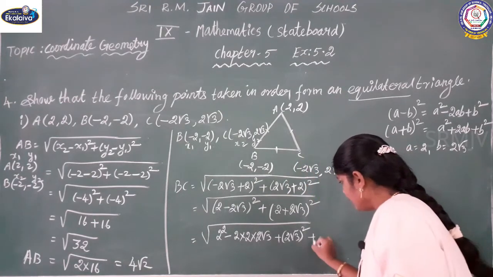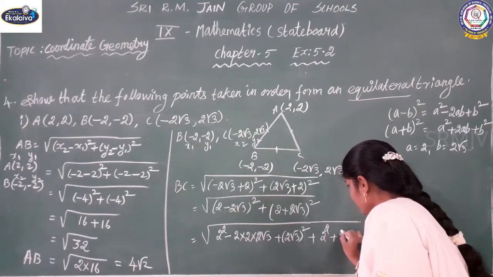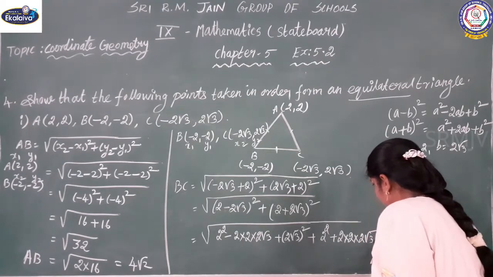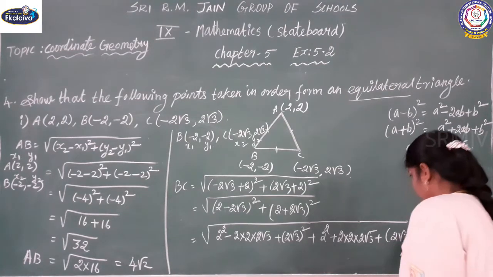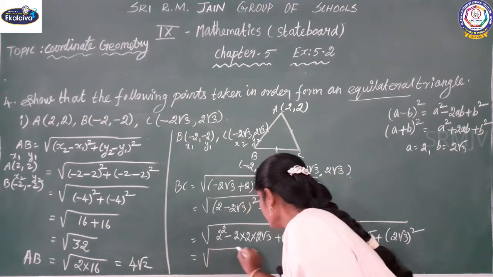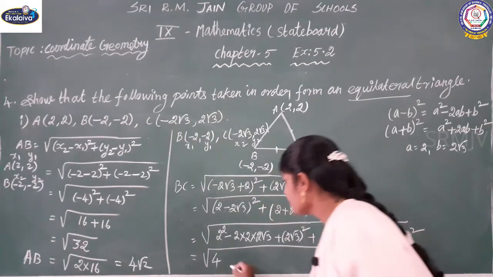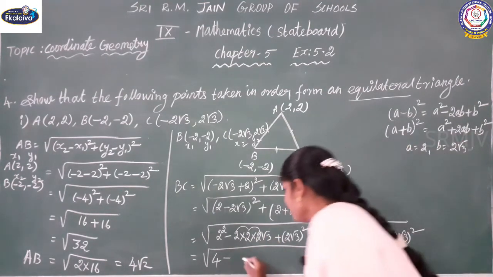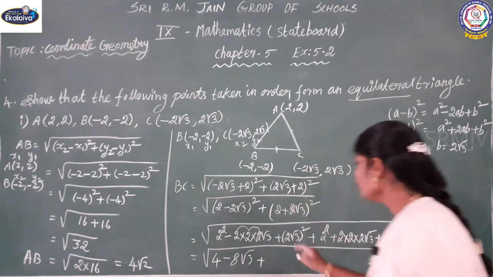Next plus, and this one: 2 square plus 2ab, 2 into 2 root 3, plus b square, b value 2 root 3, so 2 root 3 the whole square. Square root of 2 square, what will you get children? 4 minus 2 2s are 4, 4 2s are 8, 8 root 3 plus 2 root 3 the whole square.